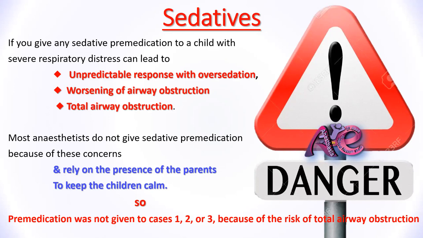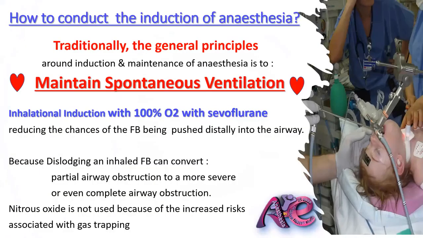So most anesthetists don't give sedative premedication and rely on the presence of parents during induction to keep the child calm. So premedication was not given to the 3 cases because of the risk of total airway obstruction. This is forbidden. So how do we conduct anesthesia for this patient?